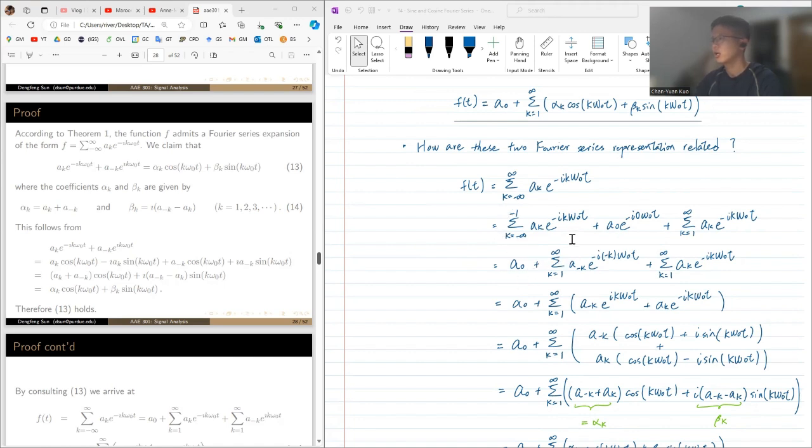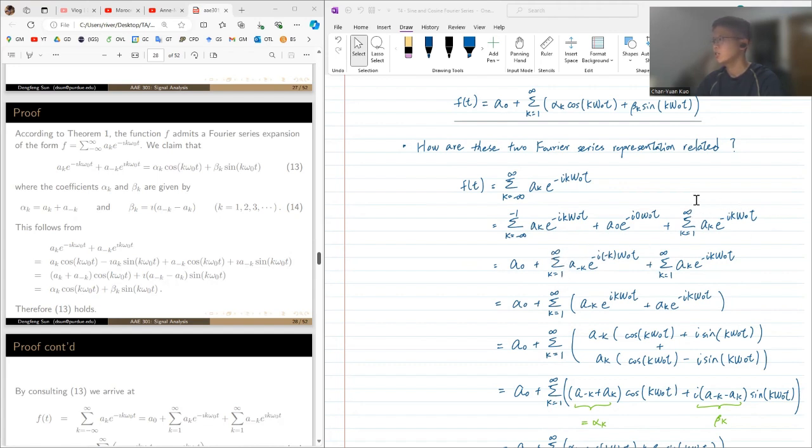And for the summation associated with negative k's, we will do a change of variable. Basically, we will flip the sign of the k so that the summation will be from 1 to positive infinity. We get the summation of a negative k times e to the negative i times negative k omega naught t, and k will be from 1 to infinity.